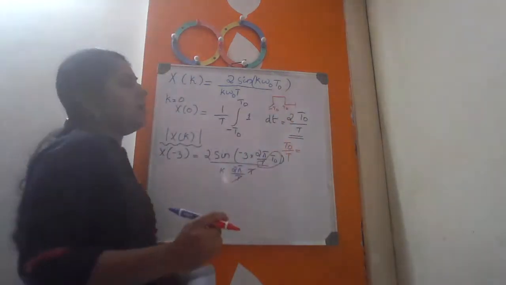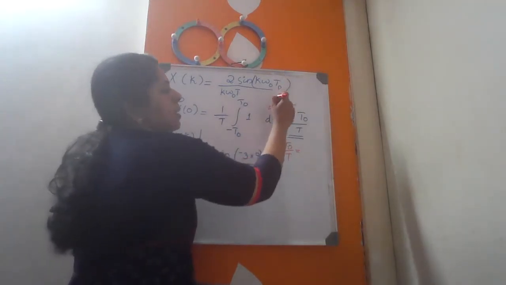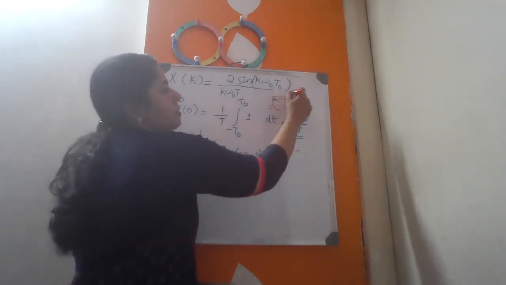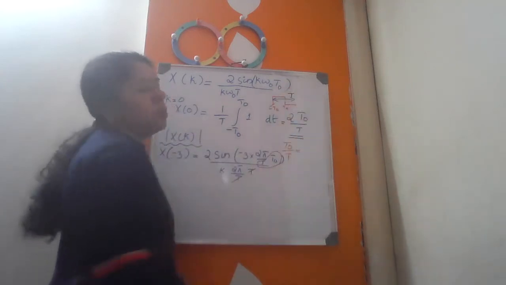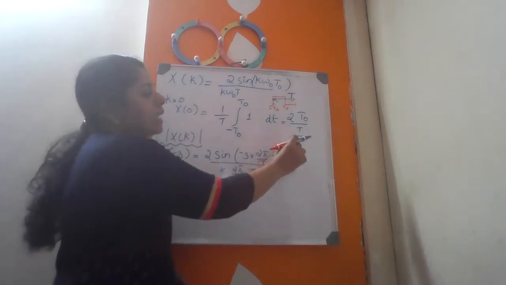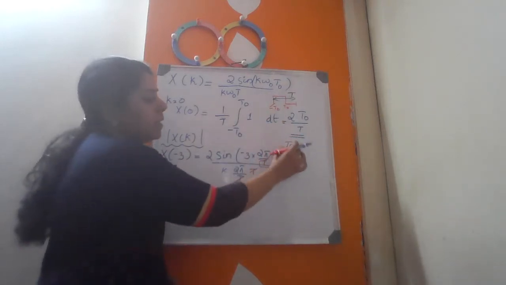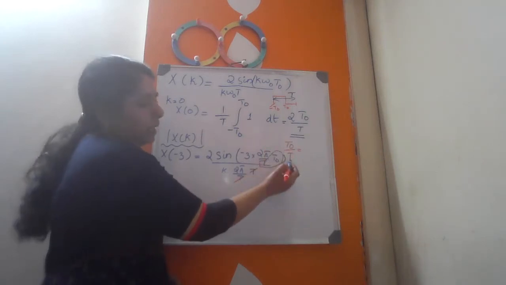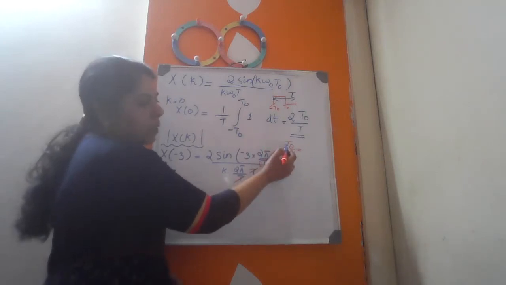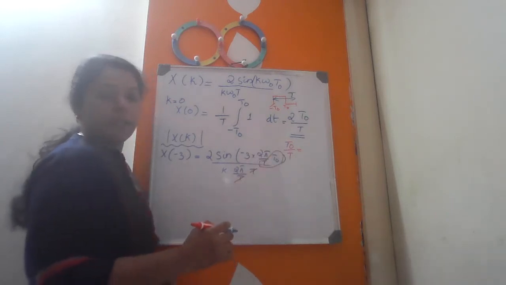This entire span is my total time period T. So T naught means my on time, and T naught by T, on time by total time period, is what we call the duty cycle.